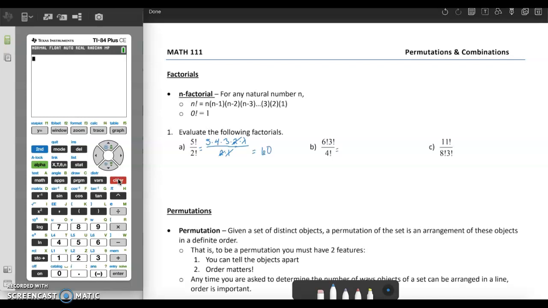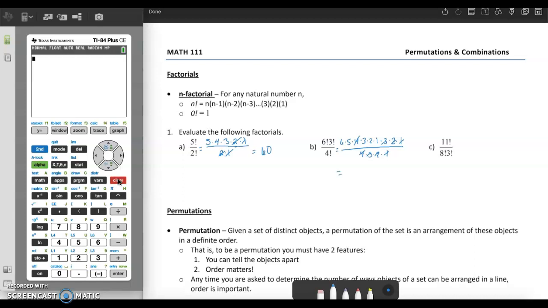Okay, what about something like 6 factorial, 3 factorial, all divided by 4 factorial? So this would mean to do 6 times 5 times 4 times 3 times 2 times 1 times 3 times 2 times 1 all over 4 times 3 times 2 times 1. So let's see, these 1's cancel, 2's and 3's, and then this 4 could cancel with that 4.